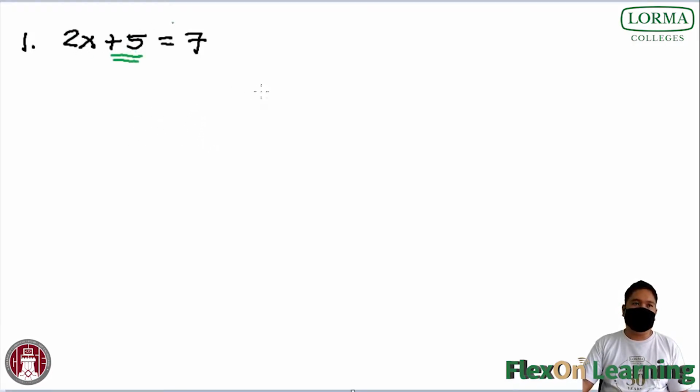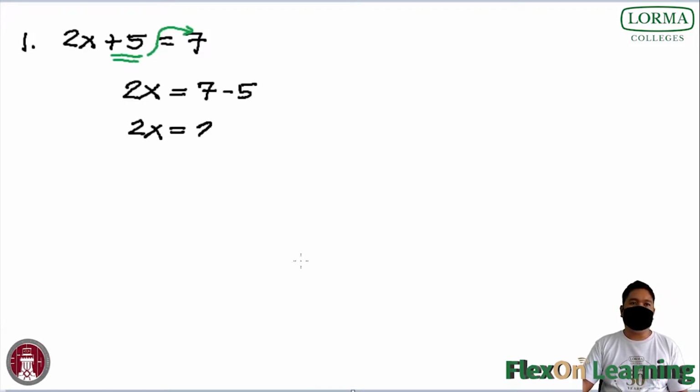So we can transfer that onto the other side by negating its operation. So if it was plus 5, you can transfer it as minus 5. Then 2x would be 7 minus 5, 2.